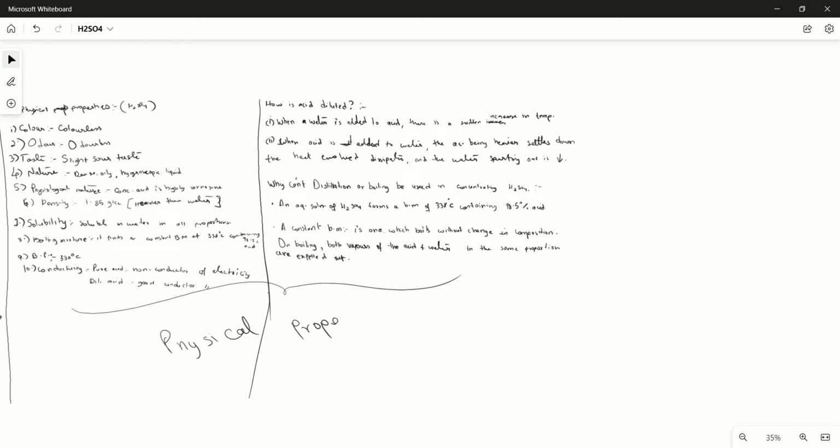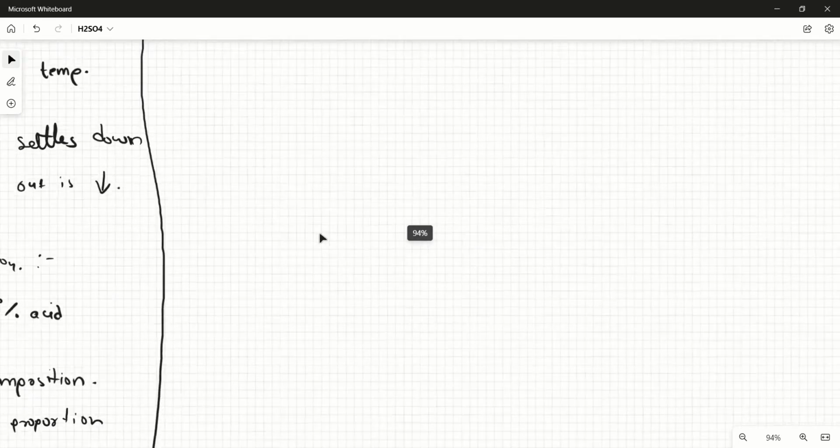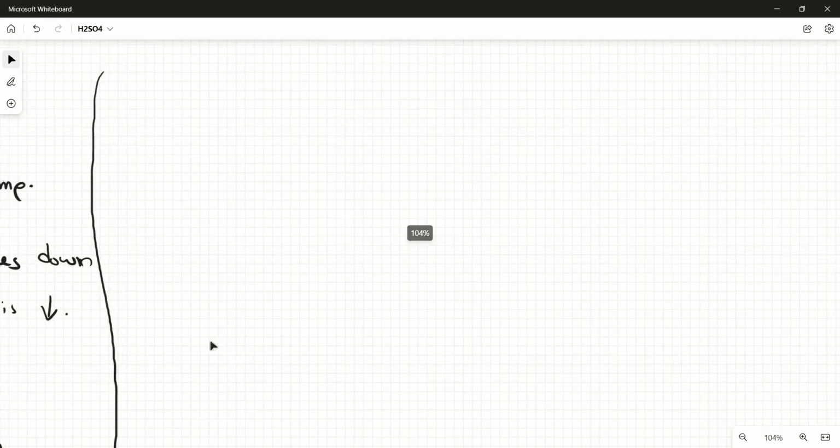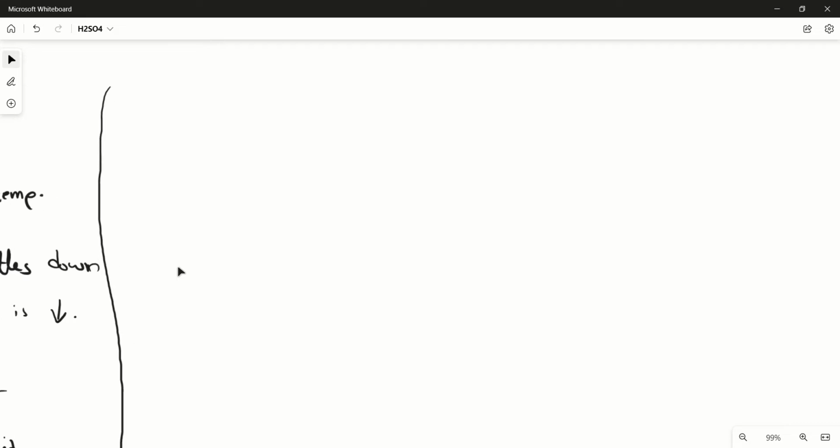Physical properties done. Now let's go on with the chemical properties.